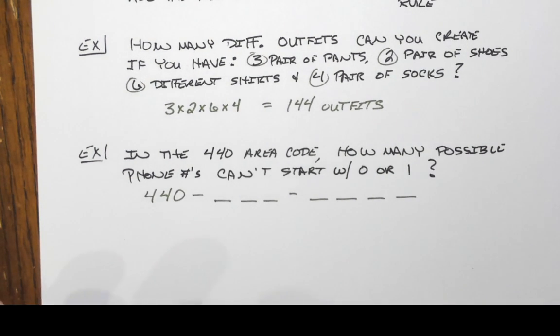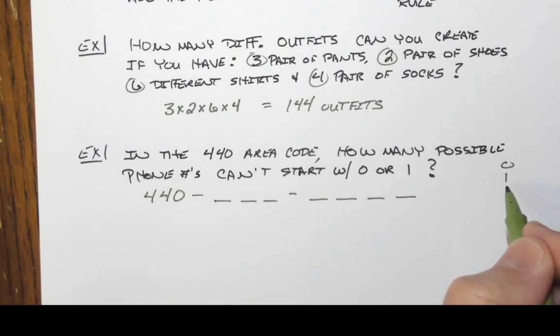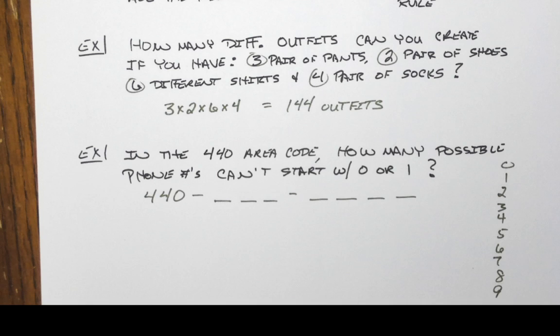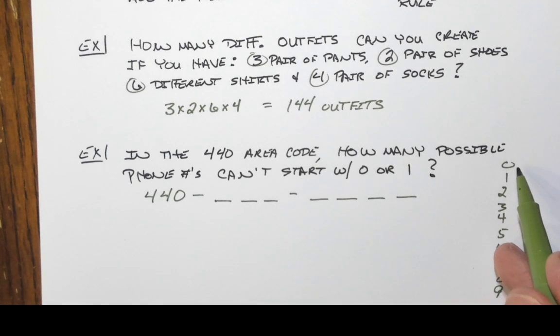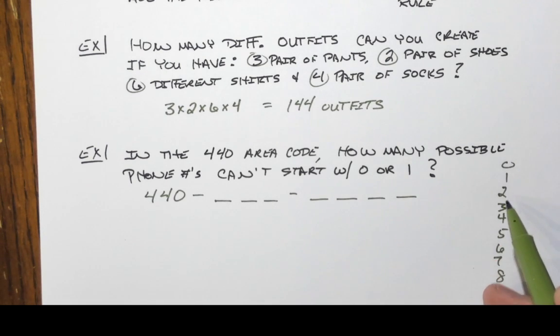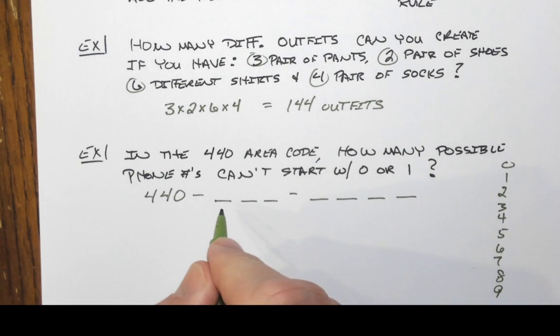So remember, what digits do we have to choose from? 0, 1, 2, 3, 4, 5, 6, 7, 8, and 9. So what stipulations do we have? Can't start with a 0, can't start with a 1. So 2, 3, 4, 5, 6, 7, 8, 9: 8 digits are the possibility. So we have 8 possibilities right there.